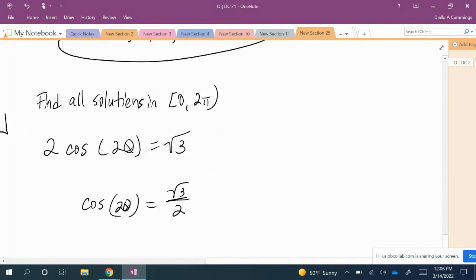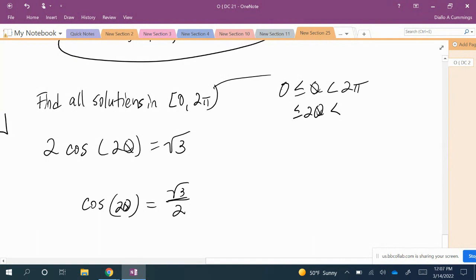So remember that for this notation, 0 is less than or equal to theta is less than 2 pi. Right, so if our angle is 2 theta, that means we must multiply by 2 for our interval.